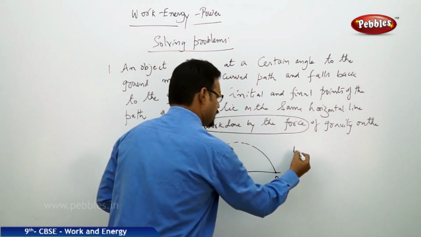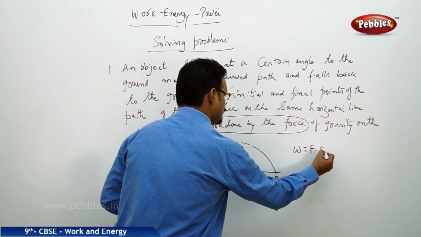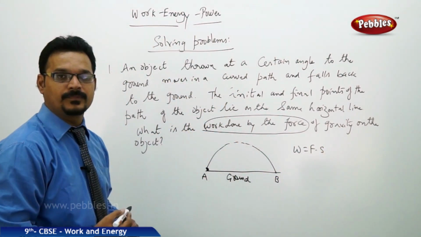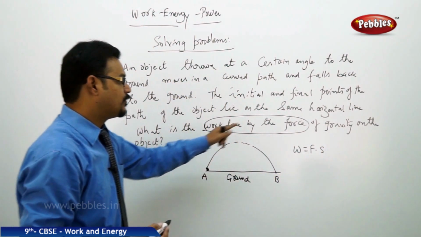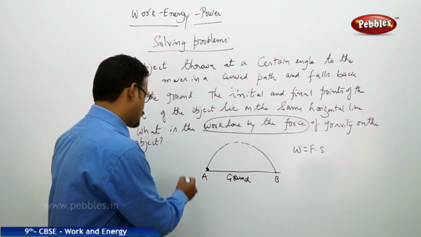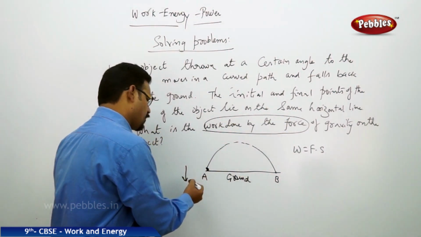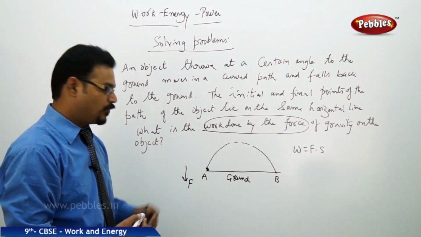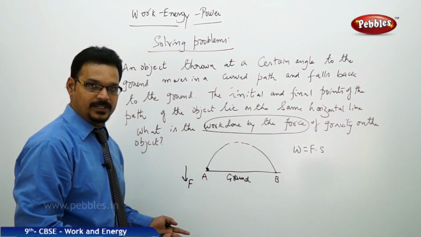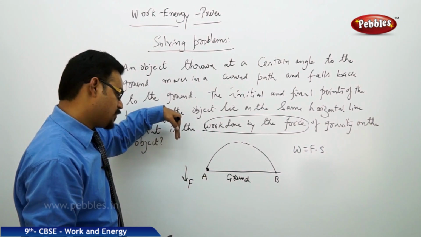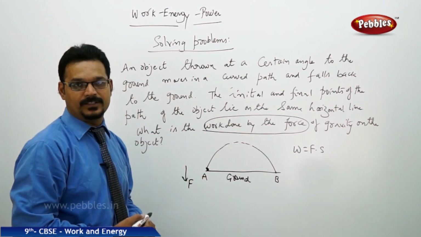For work done, W, the formula is force into displacement, as we know. Here the force is the force of gravity, which is acting downwards. So you need to see if any work is done in the direction of the force of gravity.